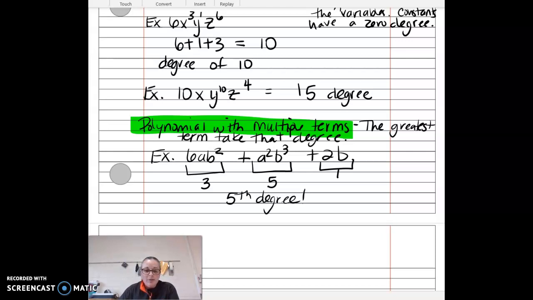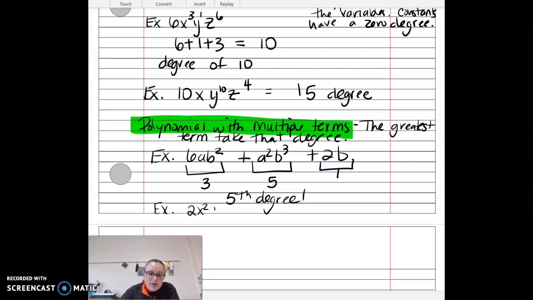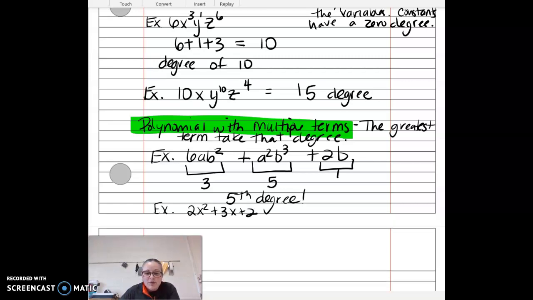One more thing before we move on to naming polynomials. We talked about terms and the constant term. You might even hear what is your leading coefficient. So if you take a look at the polynomial 2x squared plus 3x plus 2, this has three terms in it.